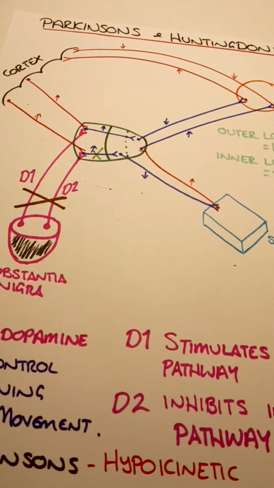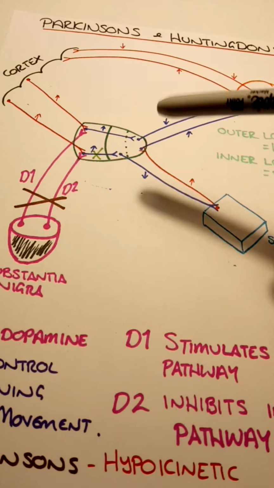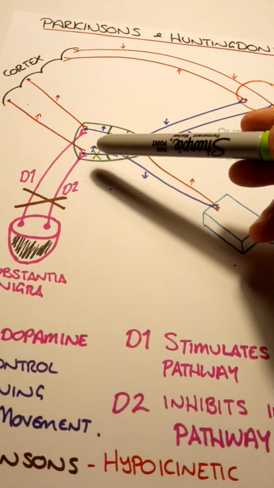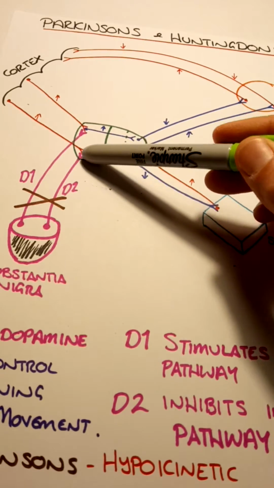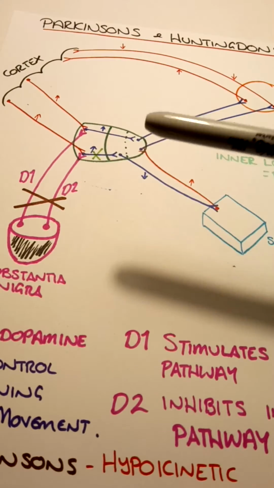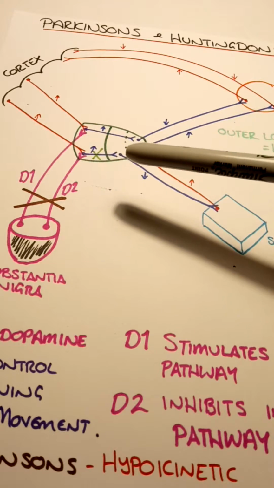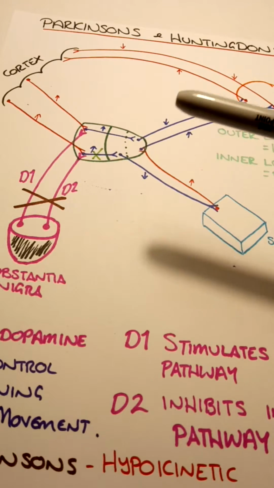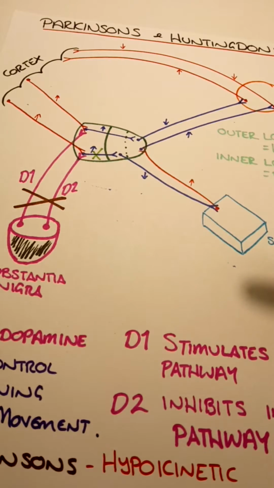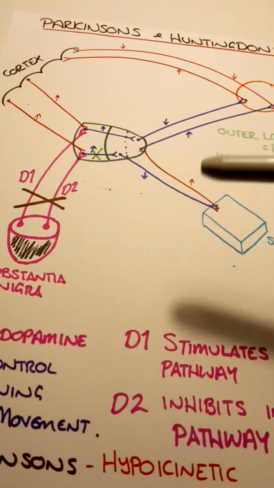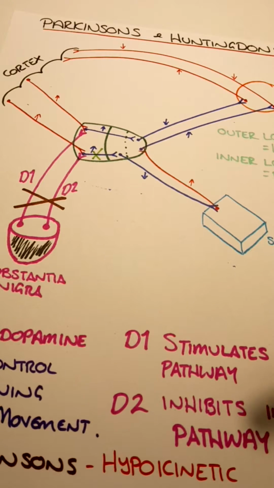So there's less inhibition. Initially in Huntington's, it affects here, and it doesn't work properly. It still works to some degree, but not great. Your indirect pathway is affected.